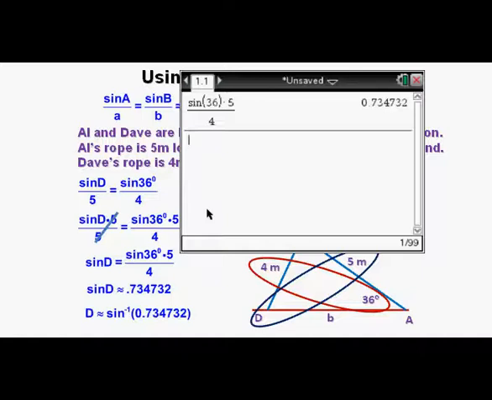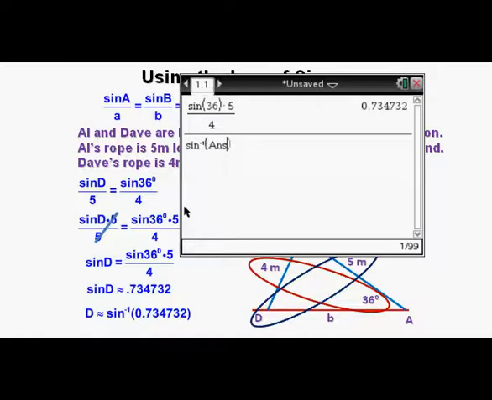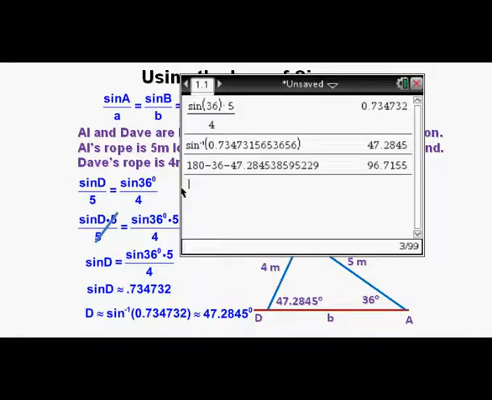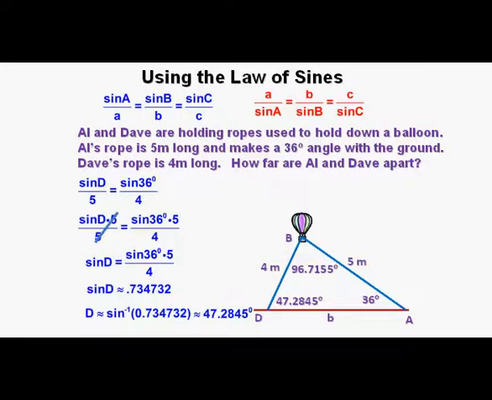And with the number stored in the calculator, we can use the ANS option to give us a very exact calculation for angle D. Then we press enter and get 47.2845 degrees. And we write that down. And we label angle D accordingly in our drawing. Now to find angle B, we take 180 minus 36 minus 47.2845 and get 96.7155 degrees. And we label angle B accordingly.